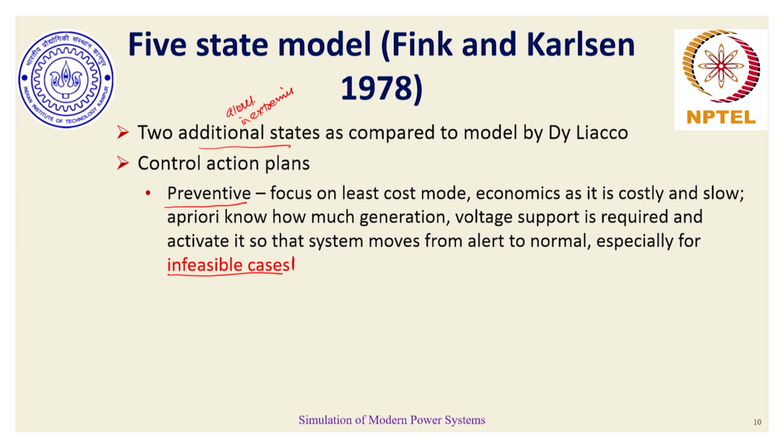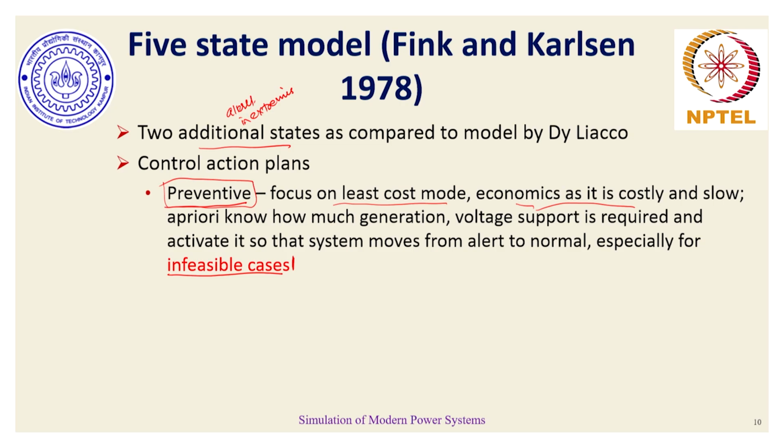So, preventive mode tries to prevent the system before the contingency has actually happened, so that the least cost mode of operation and economics are still maintained, as the alternative is costly and slow. A priori knowing what generation change and voltage support would be required, so that they can be activated, is what makes the preventive mode come into practice.